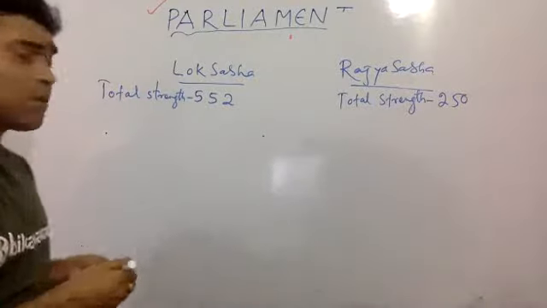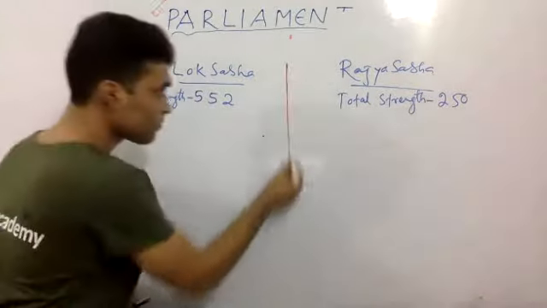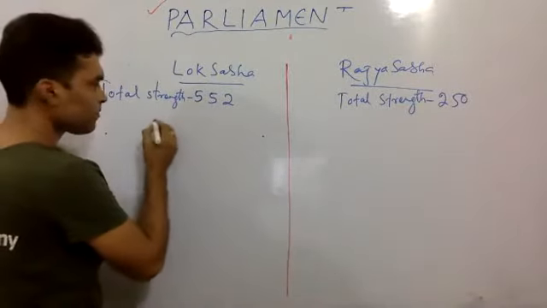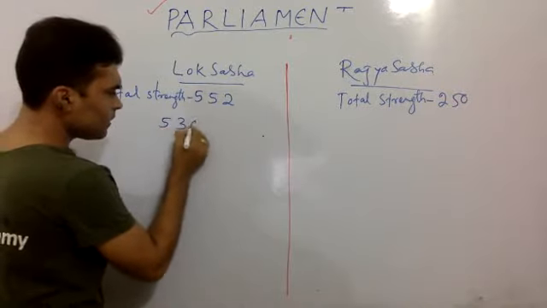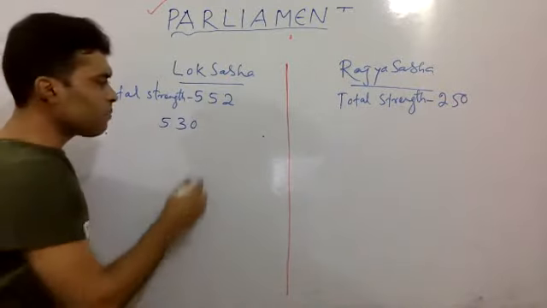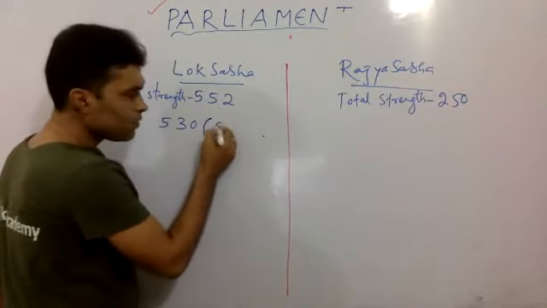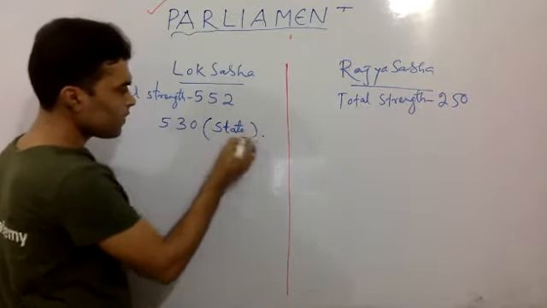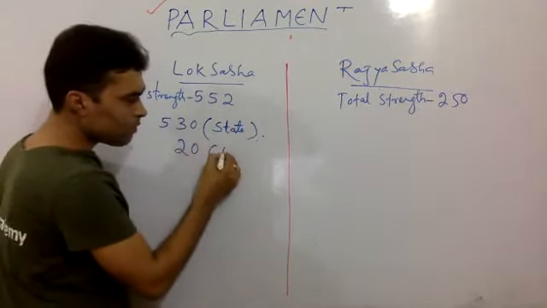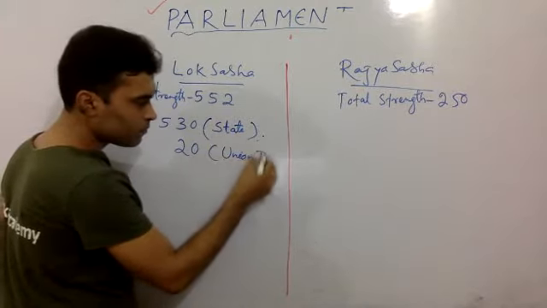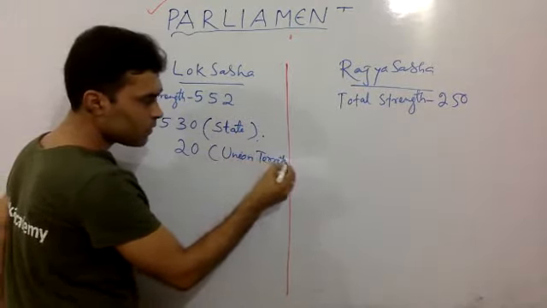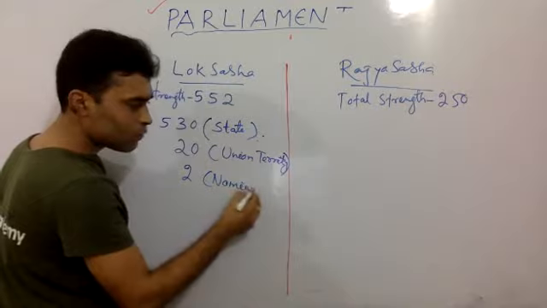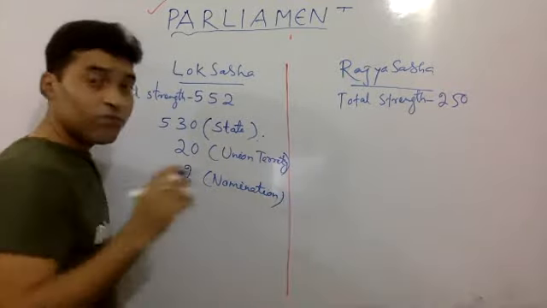But here you have to remember one important point. 530 members will be elected from states, 20 members from union territories, and 2 nominated members, or you can say 2 nominations by president.